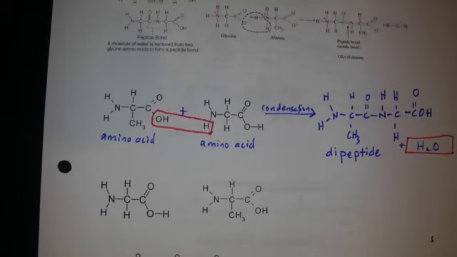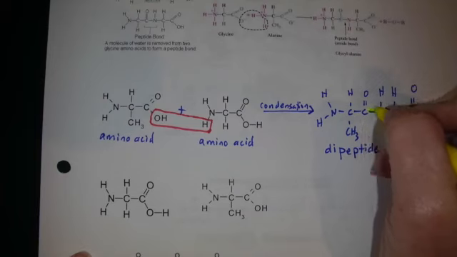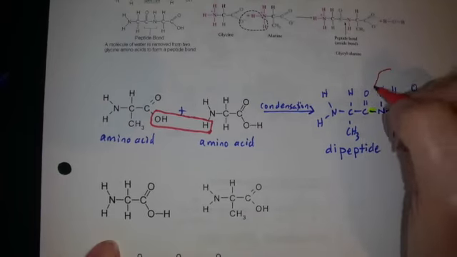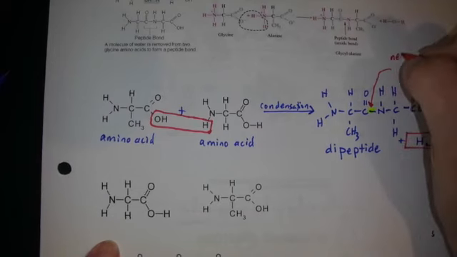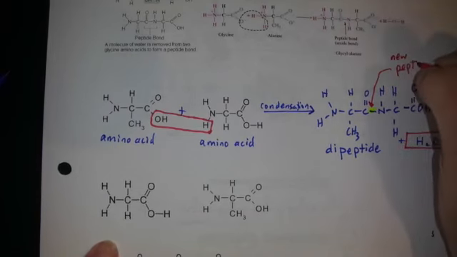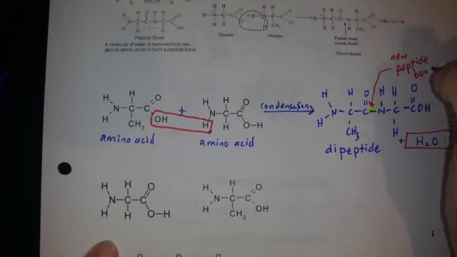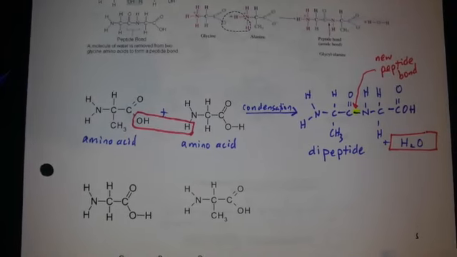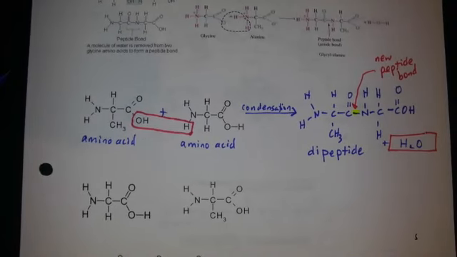Where's the new bond? The new bond is right here. And that new bond is called, not surprisingly, the peptide bond. We've seen several different names of bonds with this condensation reaction. When we were in carbohydrates, we called that new bond a glycosidic bond.